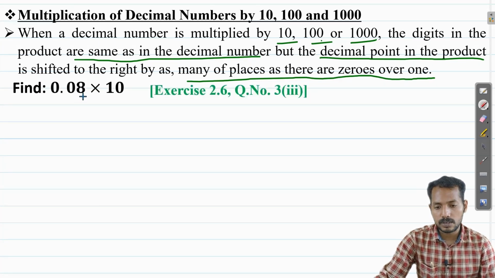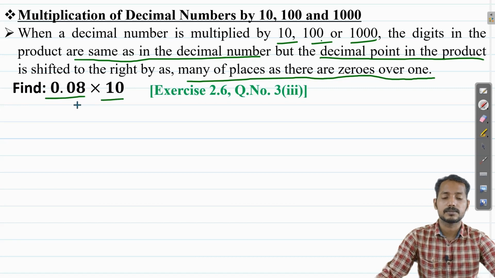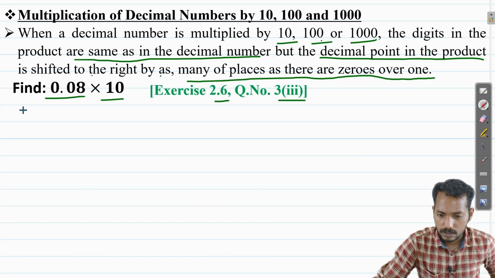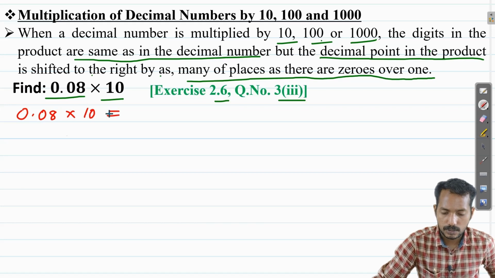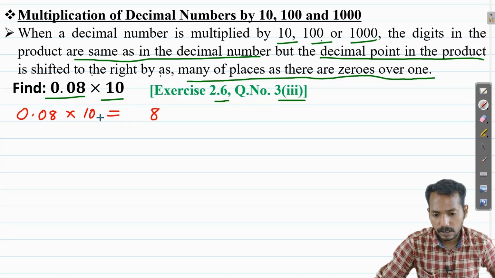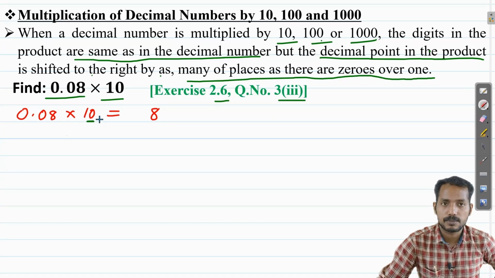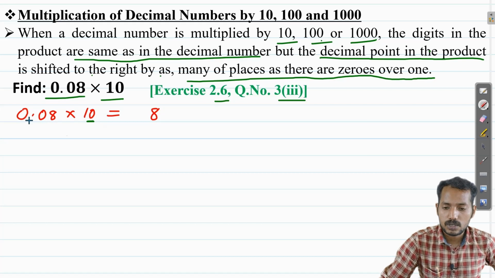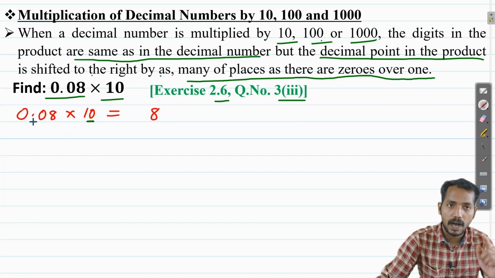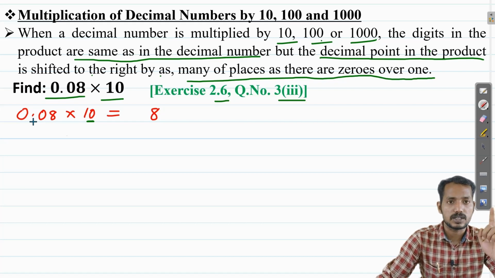Find 0.08 into 10. Exercise 2.6, question number 3, option number 3. 0.08 into 10 is equal to, the digits are the same. Only the difference is that there is 1 zero in 10. Clear? So shift this decimal point to the right by 1 place, because there is 1 zero in 10.